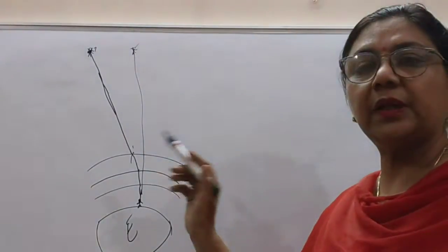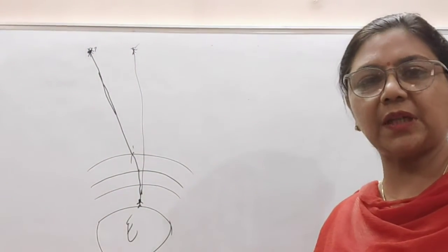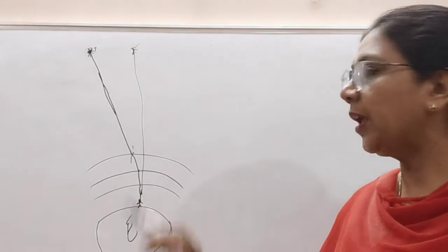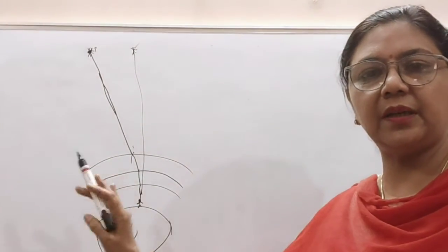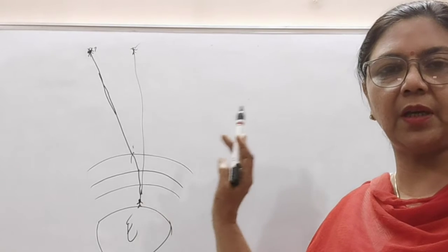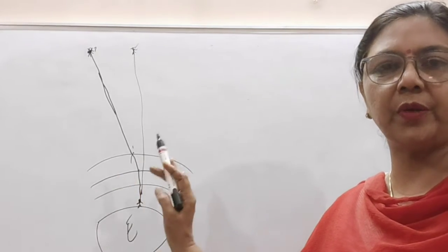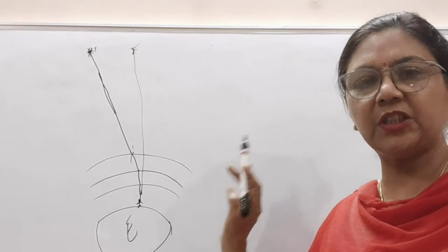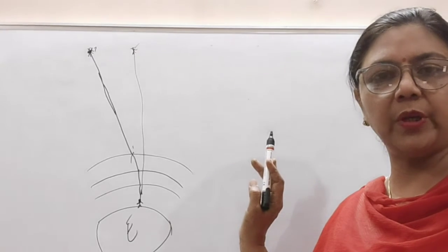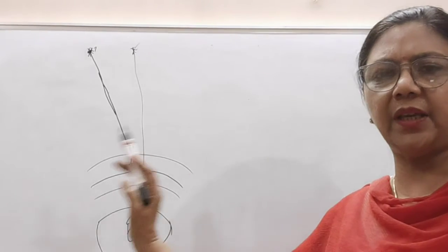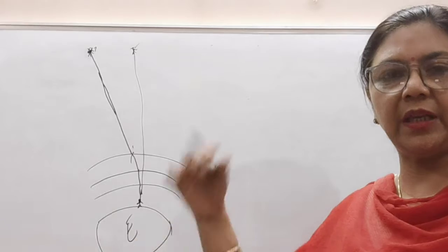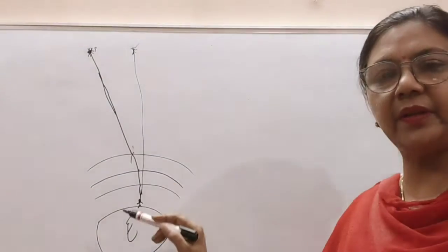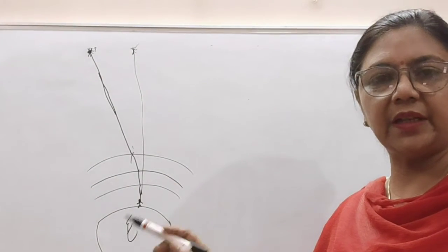Now the next one, the twinkling of stars, can also be explained by this. We all know that in the atmosphere the refractive index, or density, changes because of natural phenomena. Sometimes air is flowing, sometimes some heat is generated, then the refractive index will change.